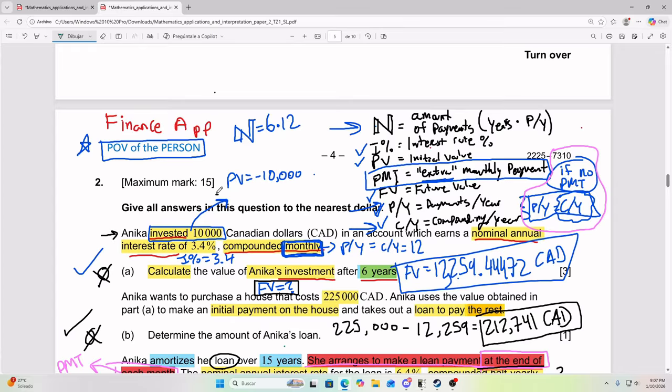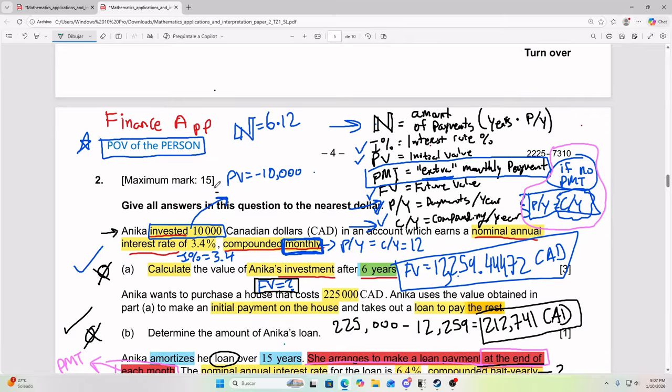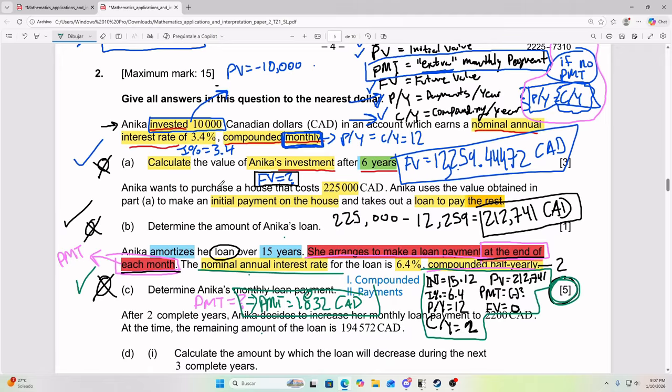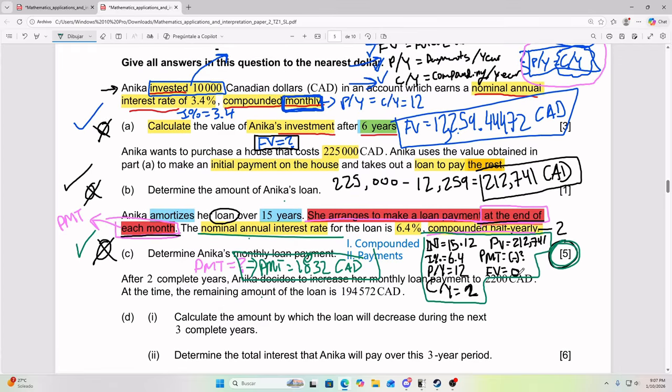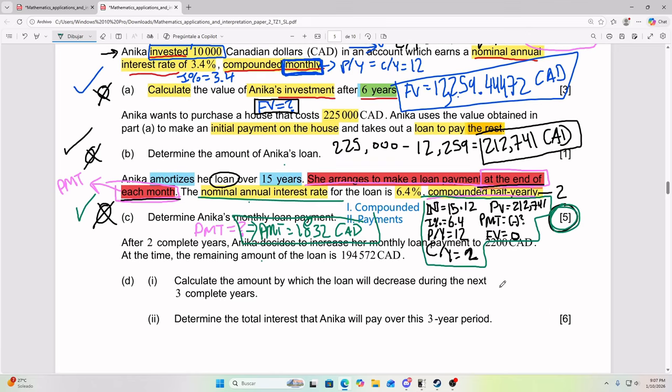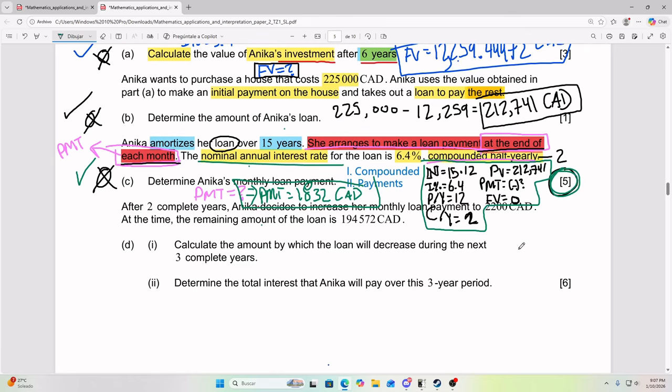You just have to master the finance app. See? Stuff like the chi-squared and this or that has a lot more variations. This is like, you get a 4 or 5 if you don't understand PMT, you get a 6 or 7 if you do. And so that is why it's less effort for more points, relatively speaking.